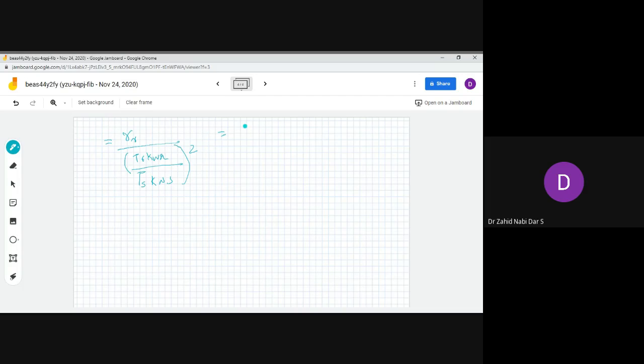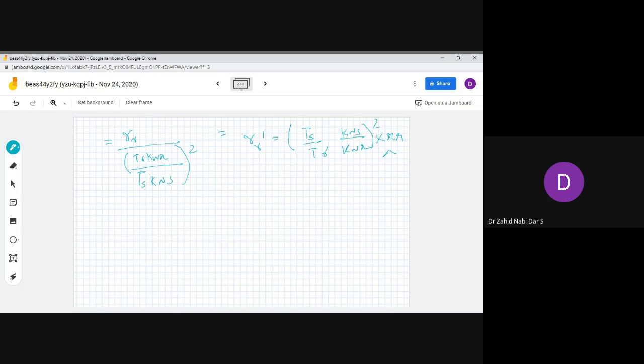This can be simplified, because I have reversed it: RR dash can be written as TS KWS by TR KWR, whole square, into RR. So this is the referring style.